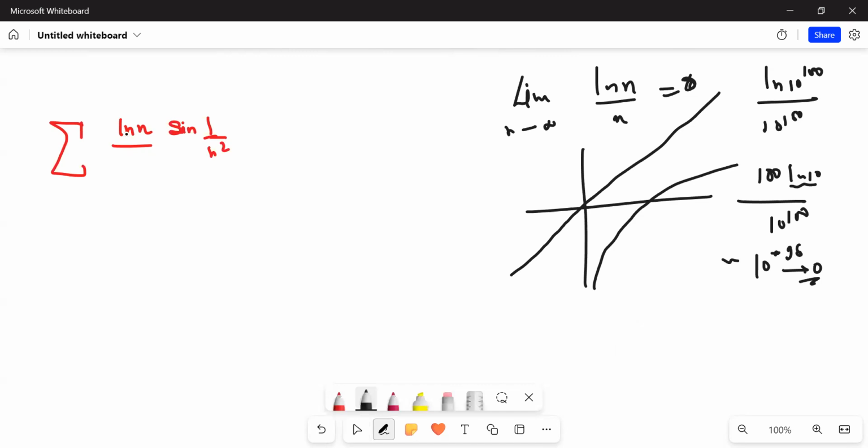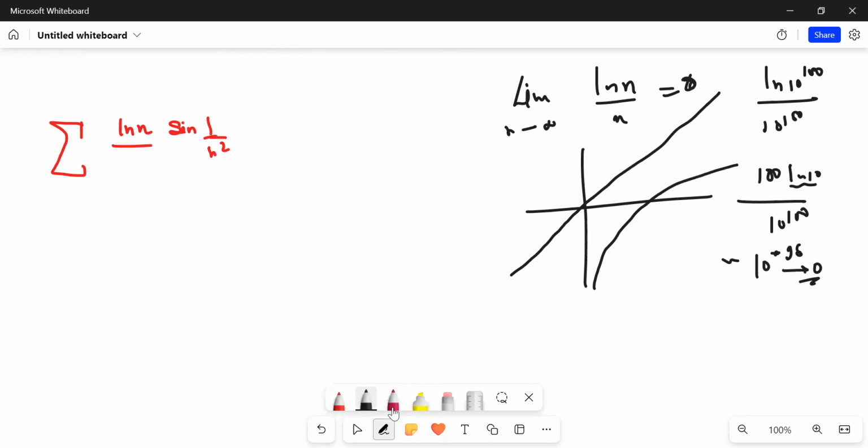So I know I can divide it by n. Or otherwise, here it is n square, right?